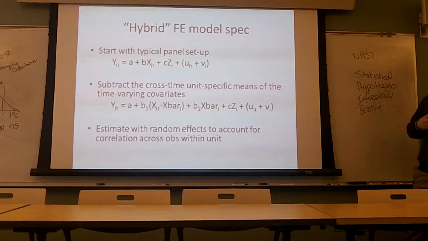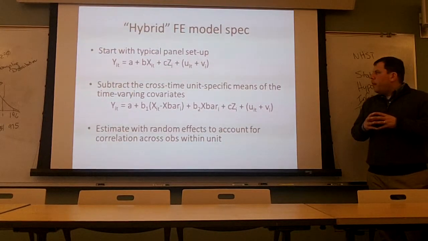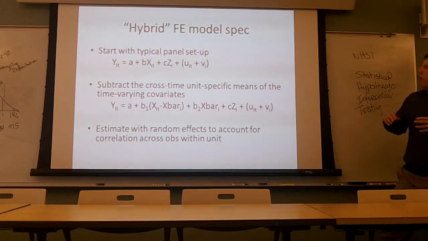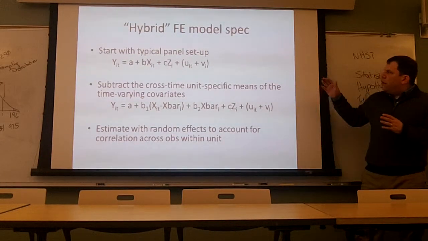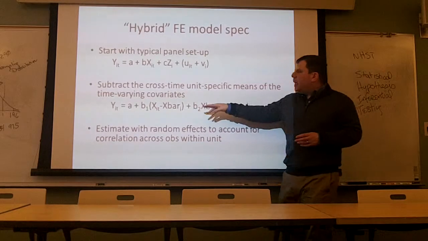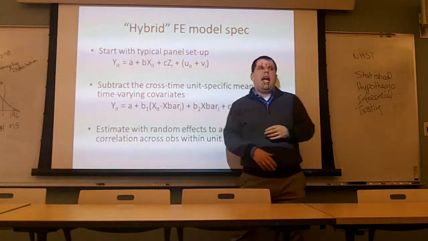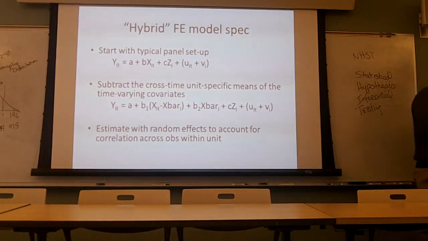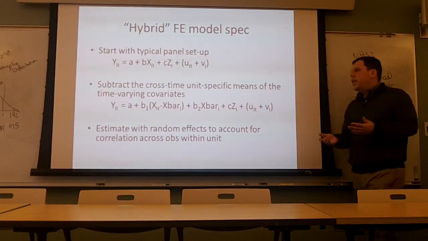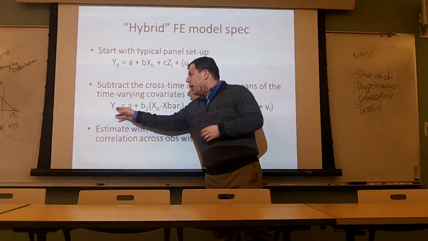So here again, we'll start with our typical panel setup. What we're going to do differently this time is leave the dependent variable in its original form, as y sub it, that is, the value for physician i in year t.